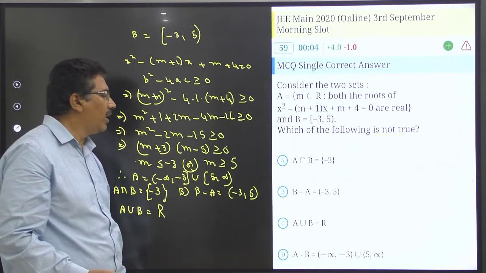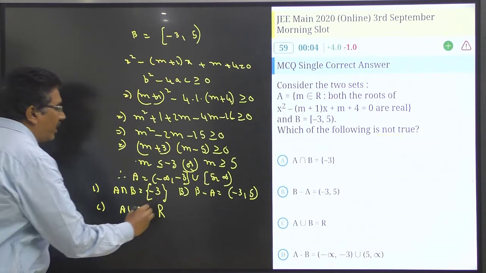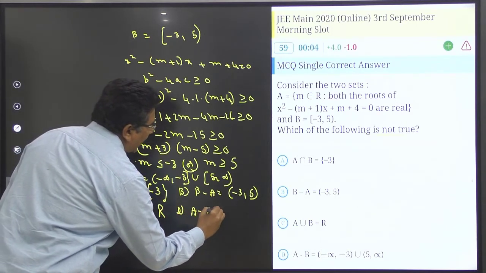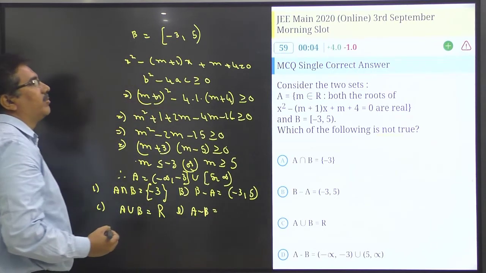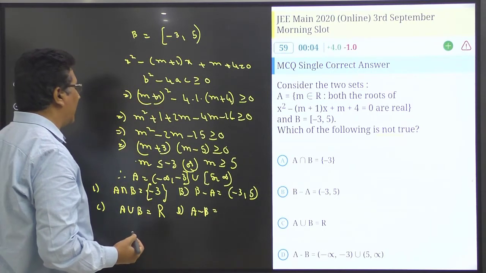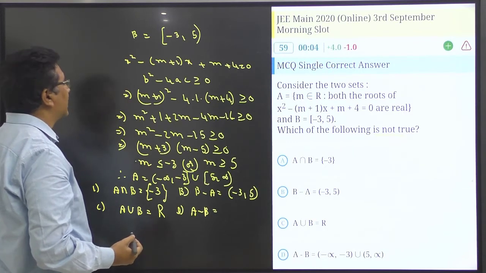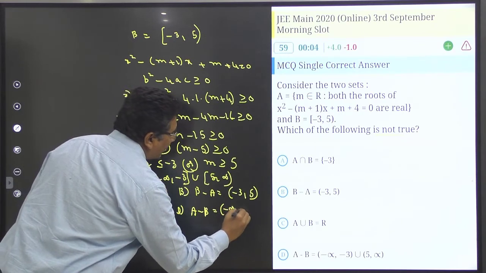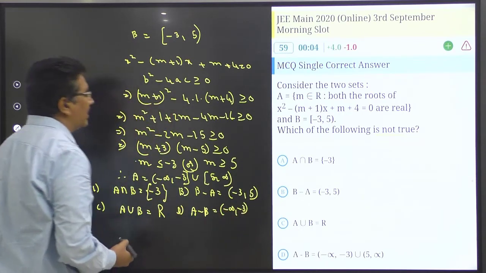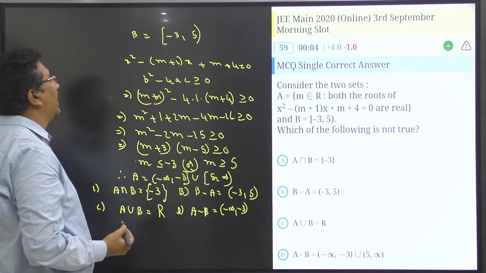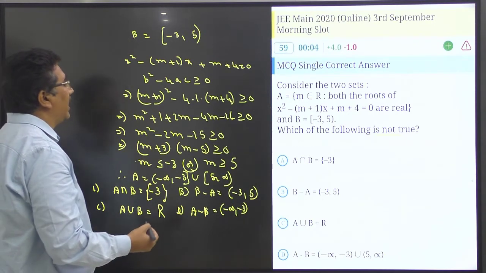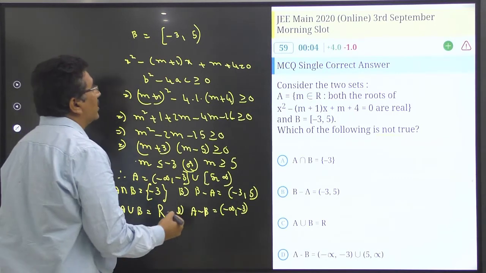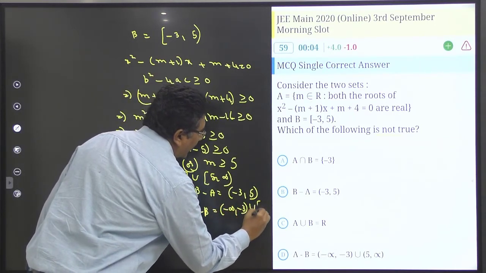What is statement D, A minus B? A minus B means the elements present in set A but not in set B. That is the open interval (minus infinity, minus 3) and the elements in the closed interval [5, infinity).